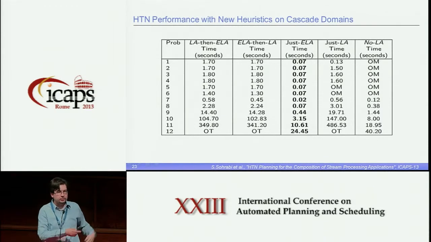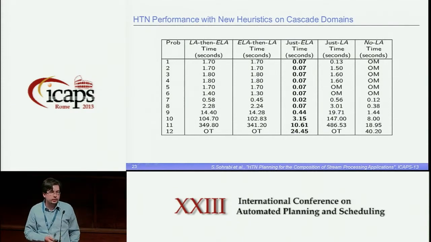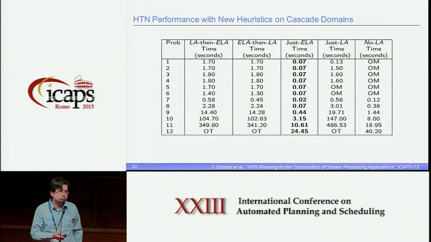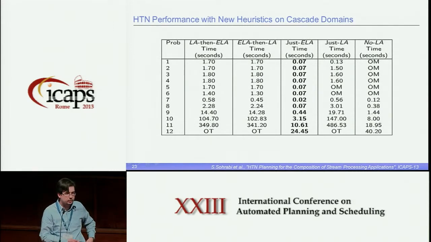And this is a summary of the results. There are more results in the paper. What you can see here is that without the enhanced look-ahead, the planner gives pretty good performance, but some of these problems are so large that they could only be solved with the enhanced look-ahead heuristic, and having that heuristic really helps in this problem.